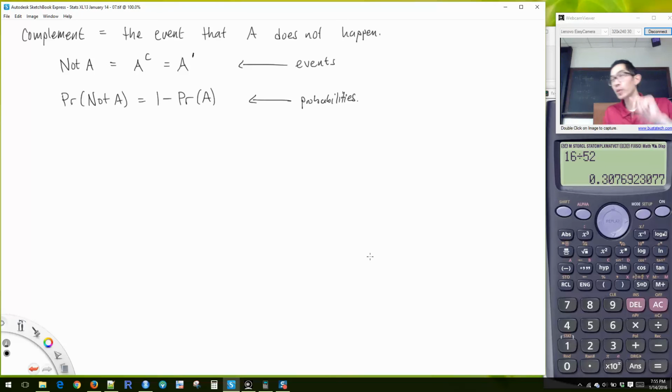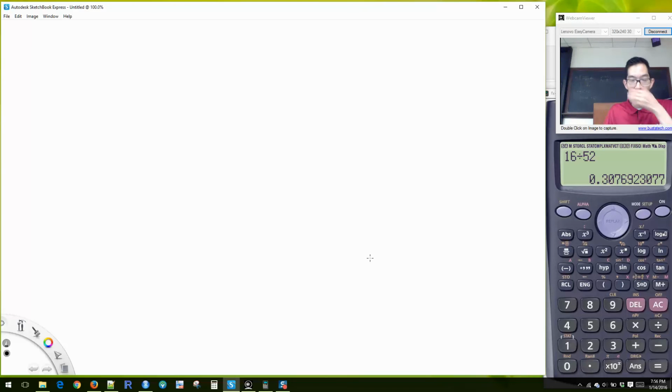Okay, so let's combine our understanding of the multiplication rule for the AND events along with our given probabilities and come up with a situation here. So, let's imagine you are going to travel, so travel at the airport.